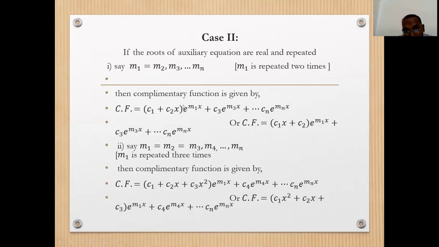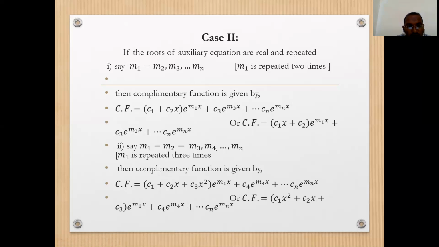That's why we have written c1 plus c2x into e raised to m1x, because m1 and m2 both are the same. Both forms are the same, no problem. You can use constants other than c1, c2. You can use d1, d2, z1, z2, no problem.